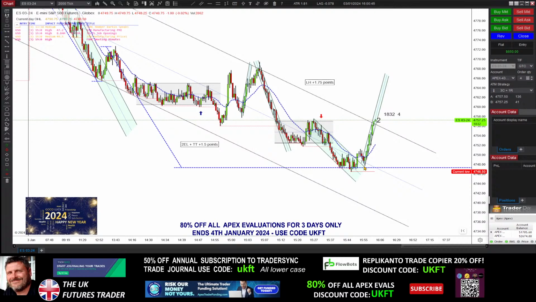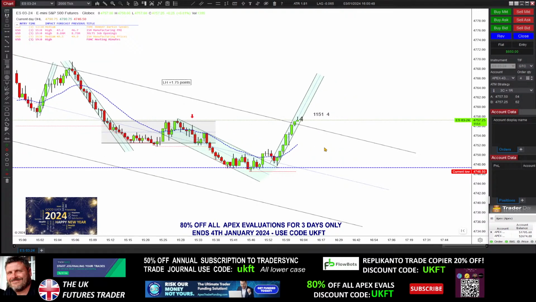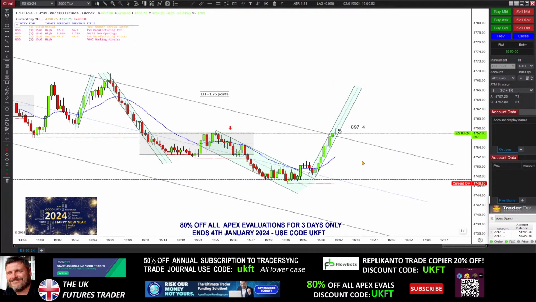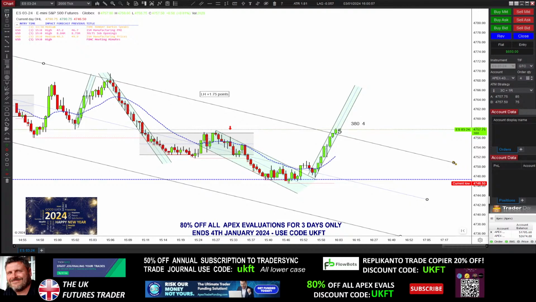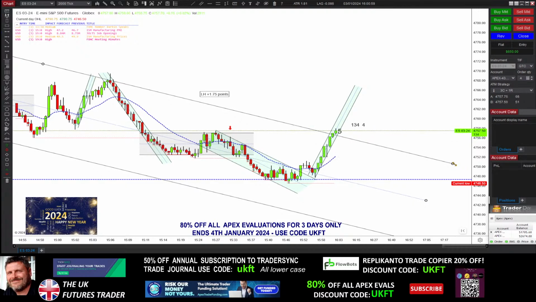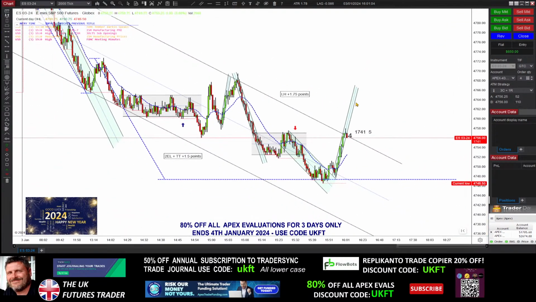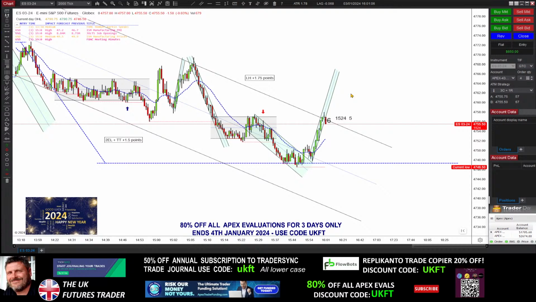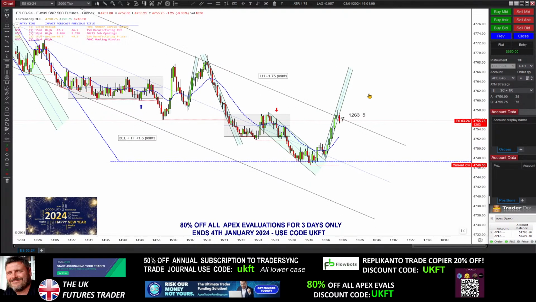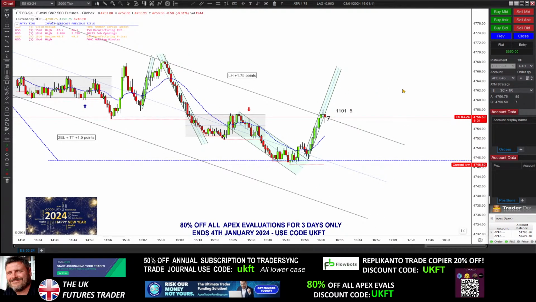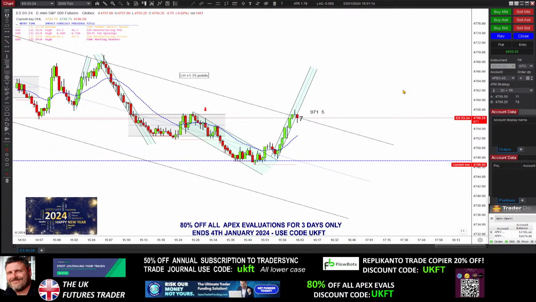We hit that level on the daily, so we could have maybe a decent pullback here. Yeah, I don't think this is going to come down anymore at the moment. I think we're going to have a pullback.